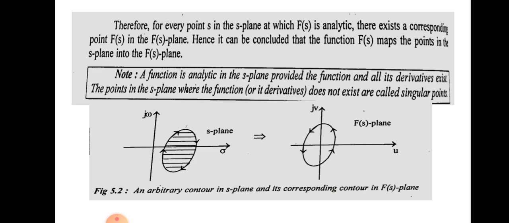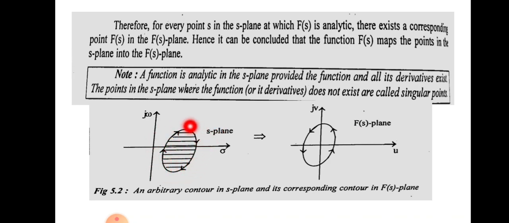And suppose we are taking two planes, the s plane and the F(s) plane, and we can represent a contour in the s plane like this, and then there should be some F(s) contour in the F(s) plane. Actually this is not the correct one. For showing the relationship between the s plane and the F(s) plane, we are simply taking this contour.